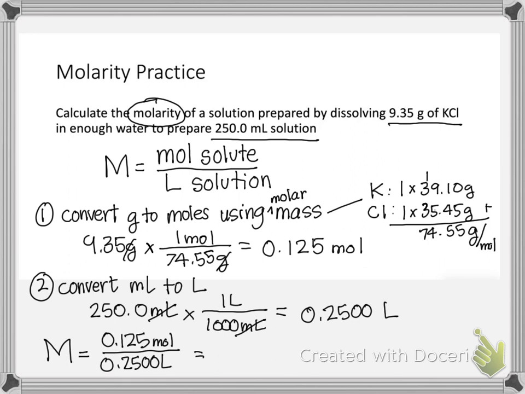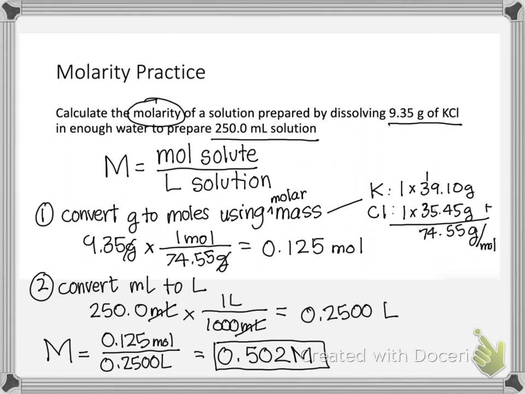So just to tell you, 0.2500. And I get 0.502, to 3 significant figures, and then the capital M is how we write it. You could write moles per liter, but usually they write a capital M.